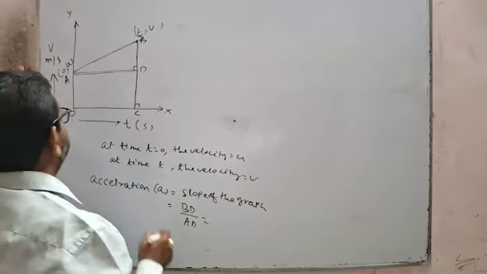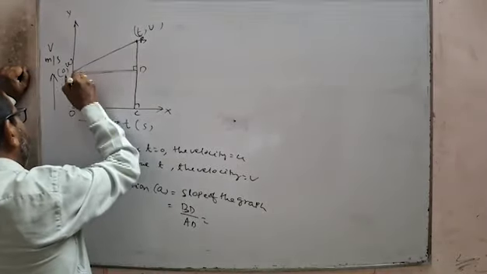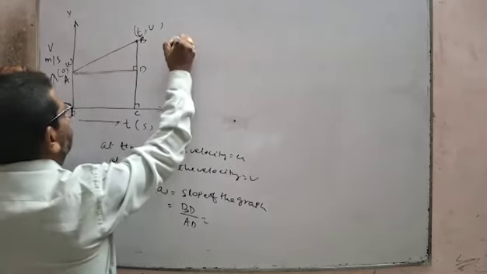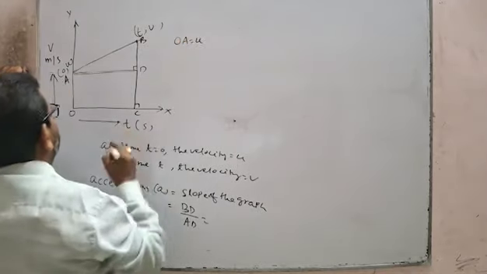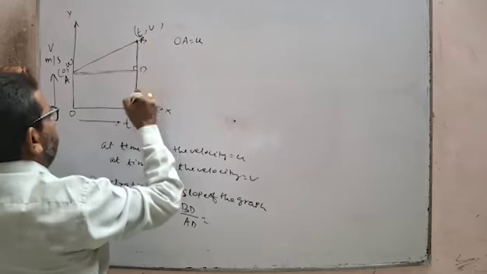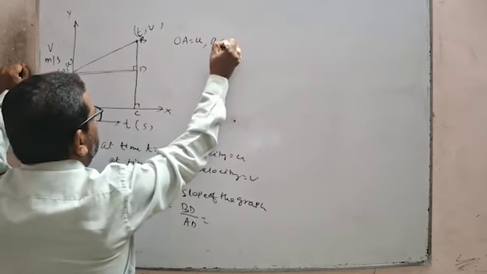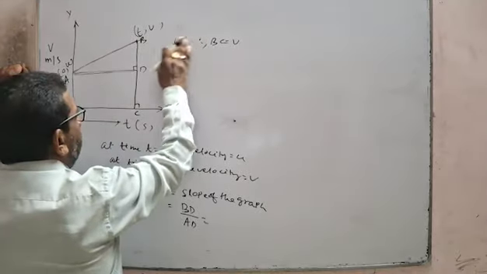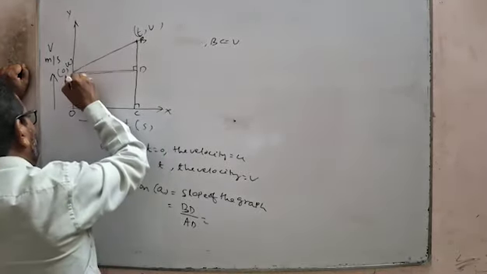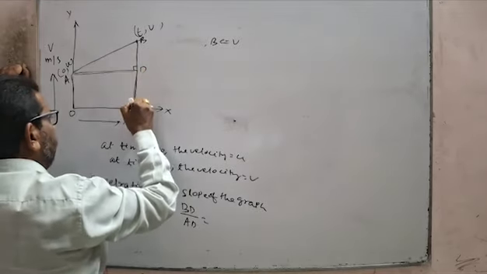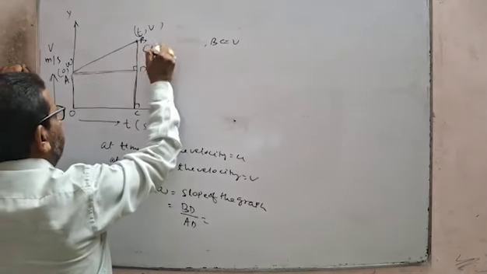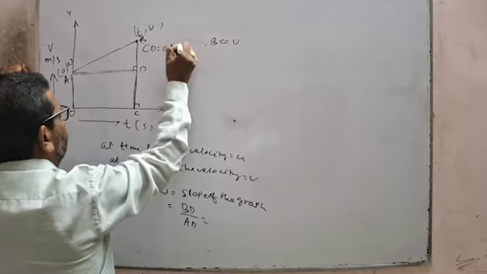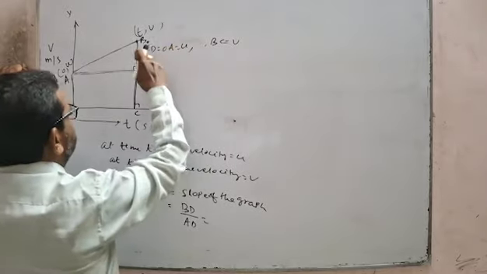How can we find BD? Here OA is equal to u and BC is equal to v. Here OA is equal to CD, so CD is equal to OA is equal to u.